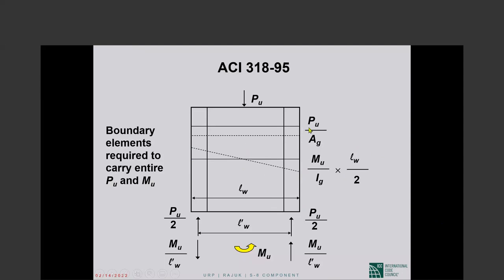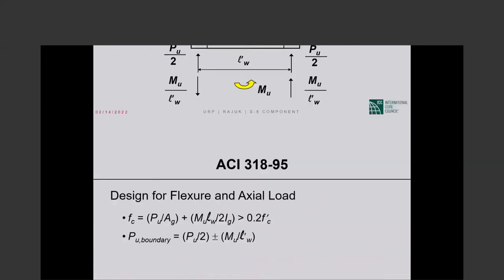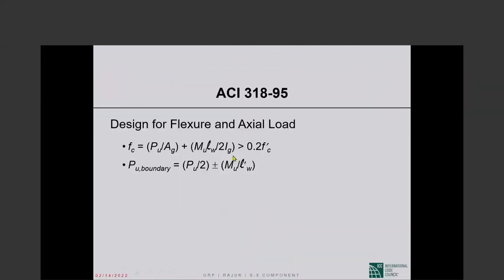If the combined compression, the compression due to P sub u plus the compression due to M sub u, adds up to more than 20% of f sub c prime, then we had to design our shear wall pretending that the web has disappeared, that it does not do anything for us anymore.